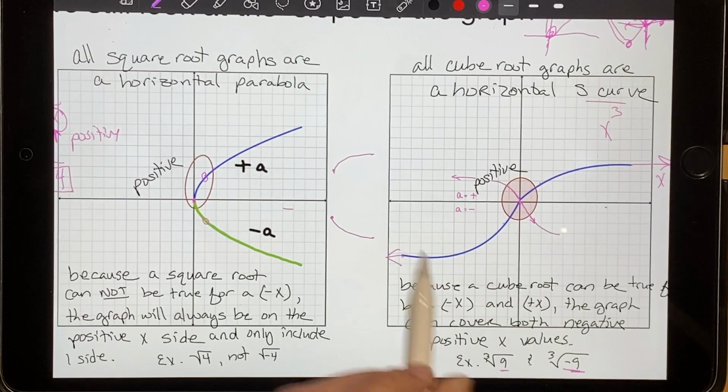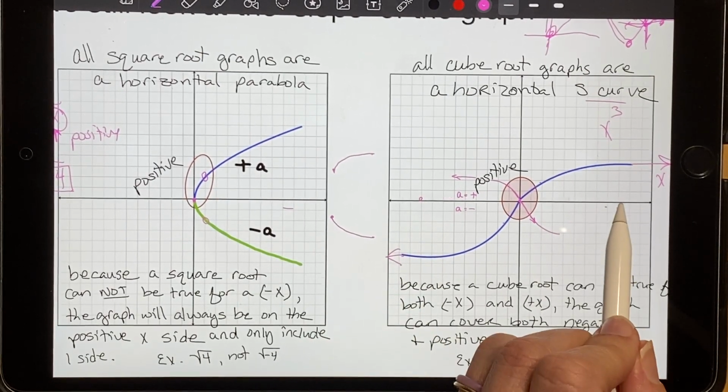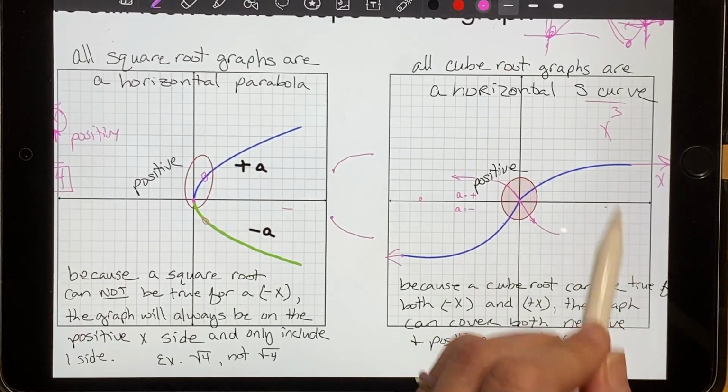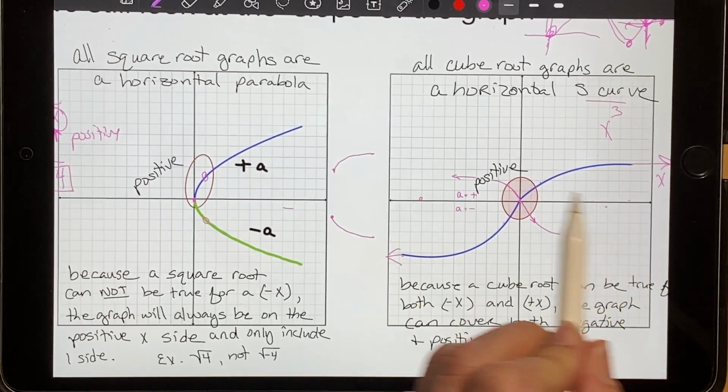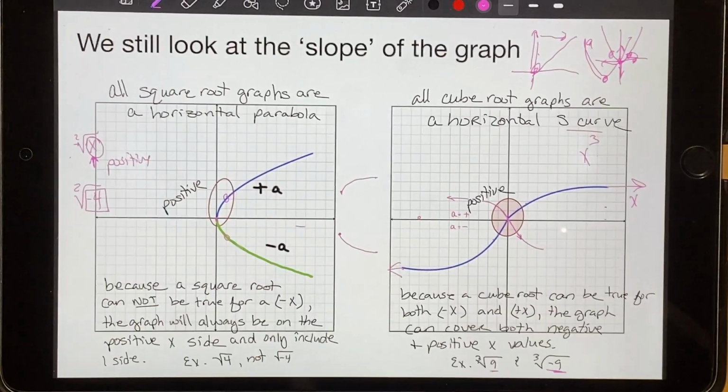So I can plug in -9 as a value, and I can also plug in +9 as a value. We can use both sides of the graph for the x values for that graph.